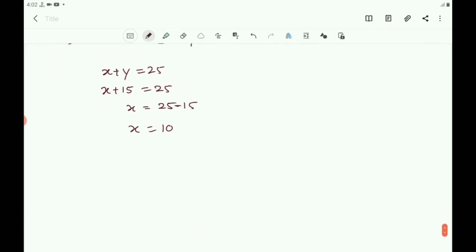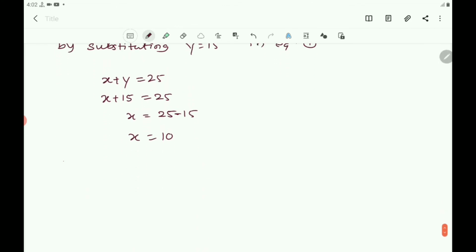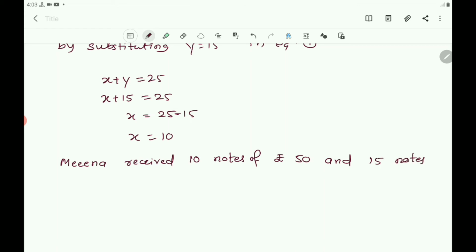So you write, Meena received 10 notes of rupees 50 and 15 notes of rupees 100.